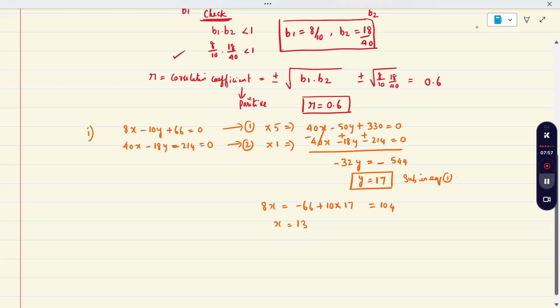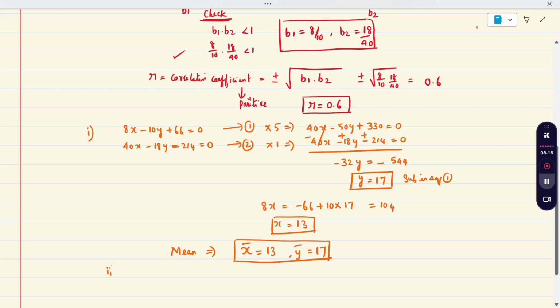So x is 13. Now the corresponding answer for the mean: x bar is 13 and y bar is 17, the mean of x and y. So completed. This is called the mean.